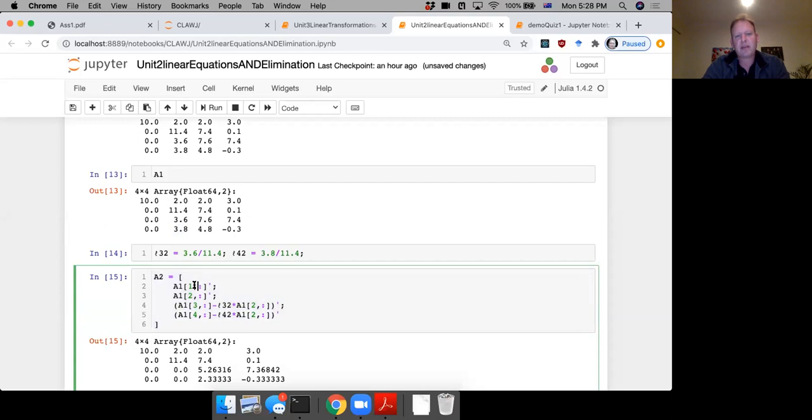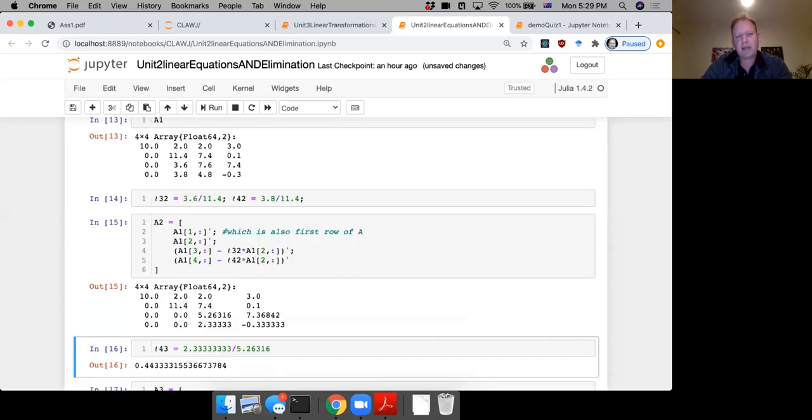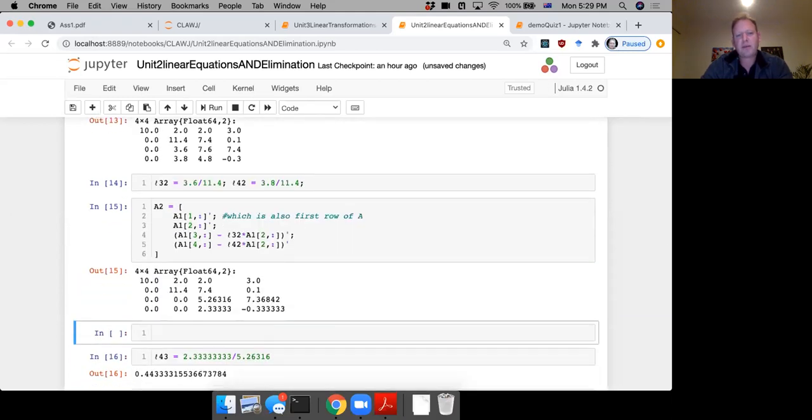The matrix A2 has the first row from matrix A1, which is also the first row of A, and it has a second row from the matrix A1, which is not the first row of A. And then it does those two operations here, just like we've done before. Now, of course, let's represent this in terms of the matrix L2.